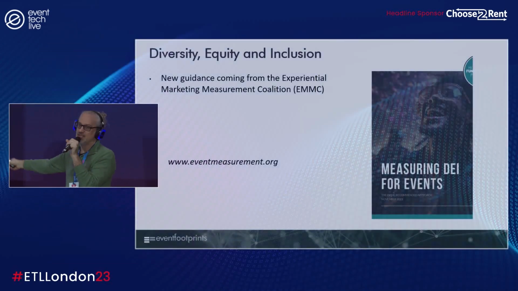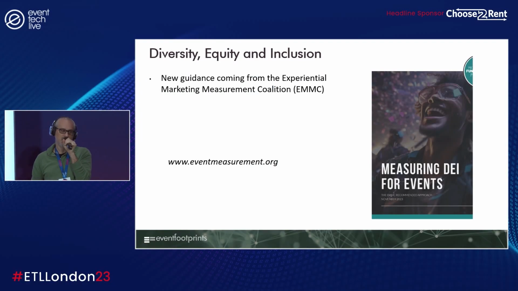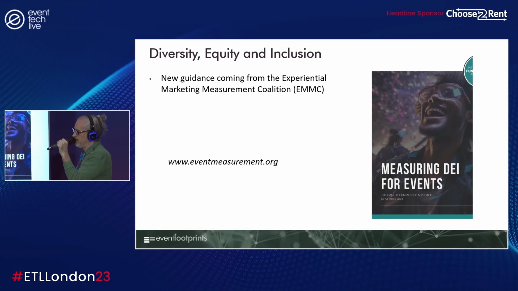Are we reaching our diversity goals when it comes to our audience, our speakers, our staff? Are we making people feel included and welcomed? All of those things are measurable. However, until now, I haven't seen anything, and I'm really excited to promote this, because it is free of charge. I'm not selling anything. This industry guidance on how to measure DEI for events is coming in weeks.